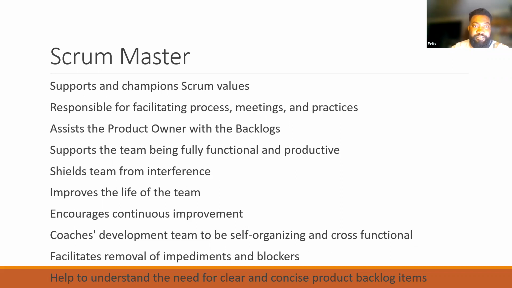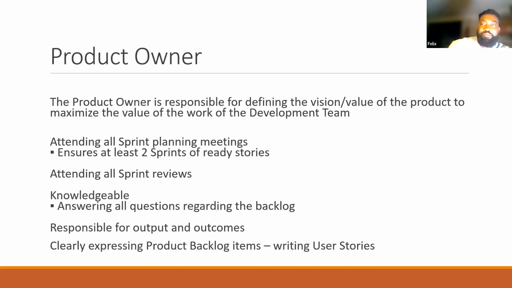All right. So we move on to the product owner. As the name says, this is the individual that owns the product. It is not a group of people acting as a product owner. The product owner is just one person, all right? And this person is responsible for defining the vision and the value of the product to maximize the value of the work of the team.